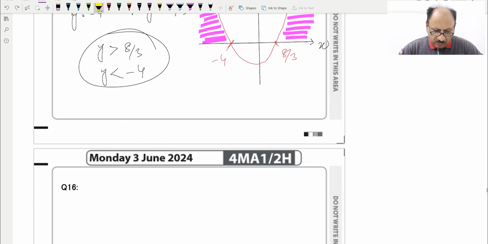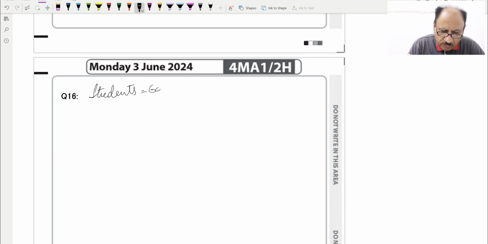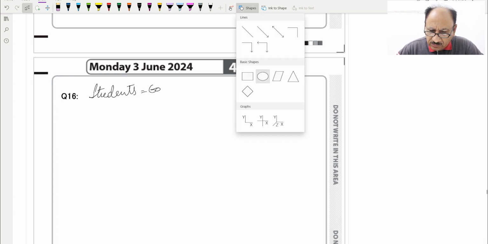Now we can go ahead with question number 16, which is a Venn diagram question. They are saying 60 art students, so the number of students is equal to 60. We can draw the Venn diagram first before going ahead with the question.